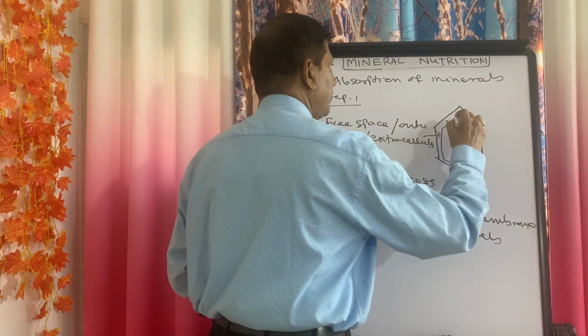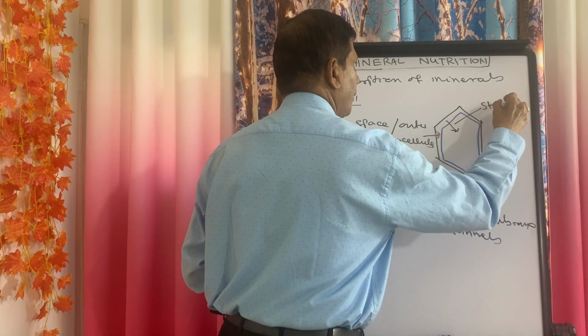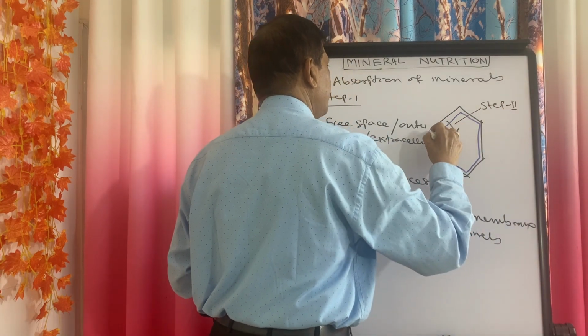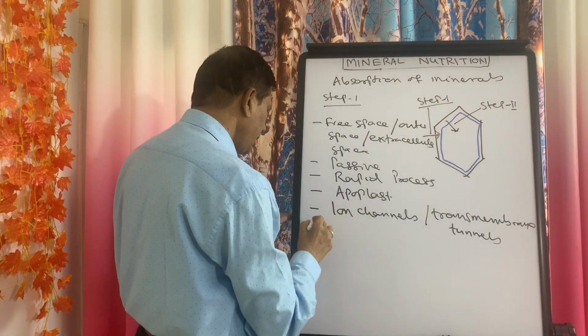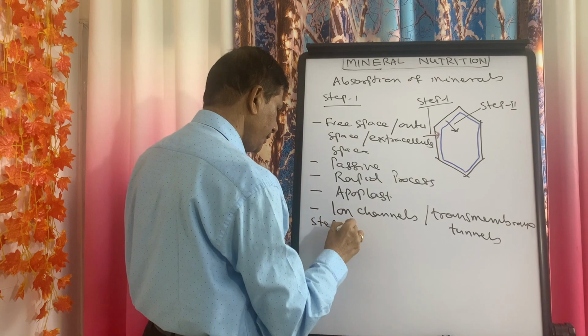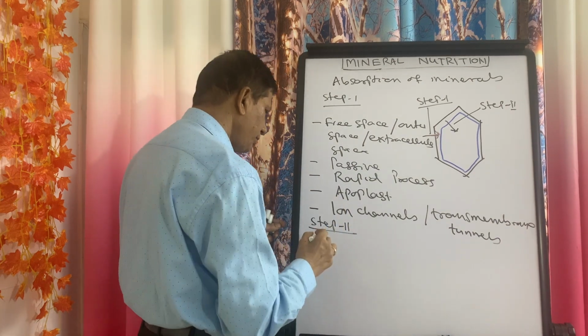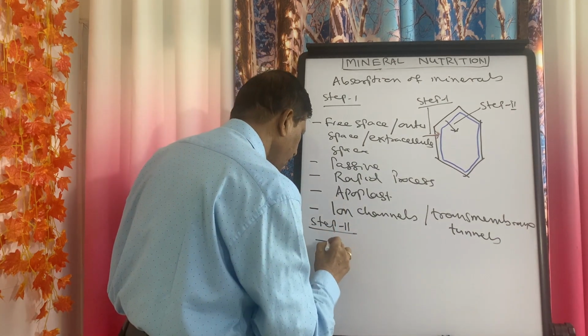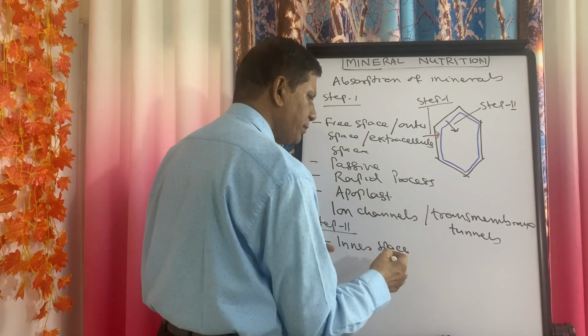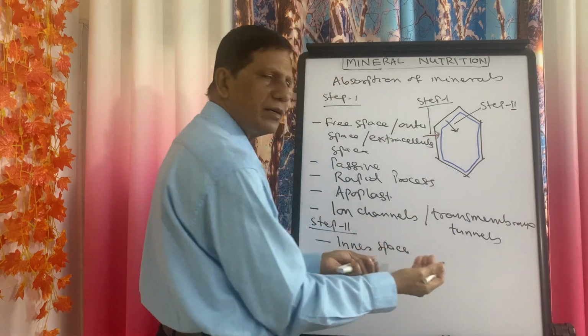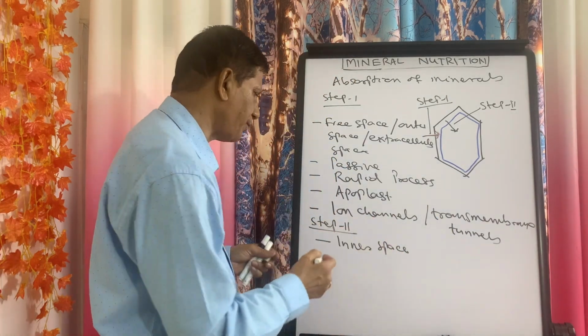This is step 2, and this is step 1. In step 2, it enters into the inner space. Inner space means it enters into the cell, that is the cytoplasm.